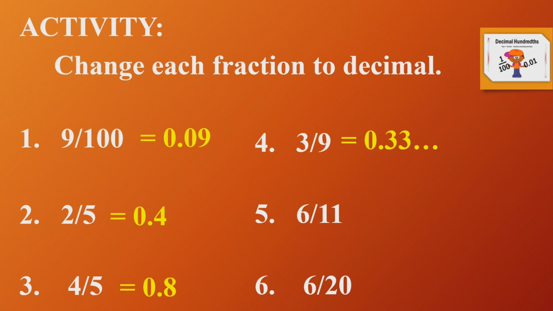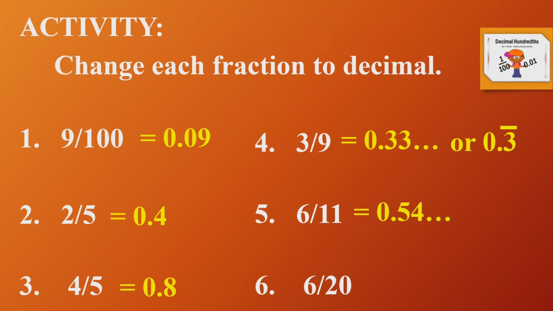Number 4, 3 over 9. So the answer is a repeating decimal, 0.33, and then you have to write 3 dots, or you can also use vinculum above the digit 3. Number 5, 6 over 11.